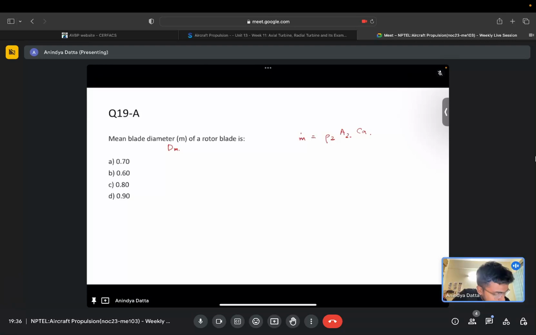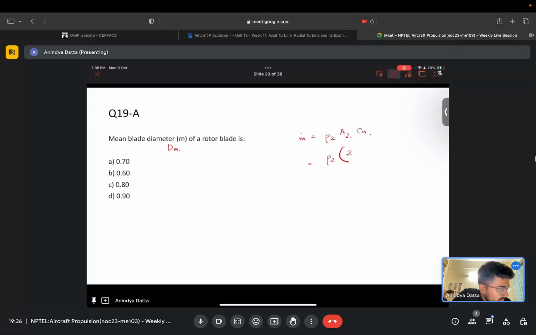Now A2 we can write as the circumference at the mean diameter into the blade height. The circumference is 2 pi rm, into the blade height, that will give us the area. So m dot is rho 2 pi dm into b times ca.